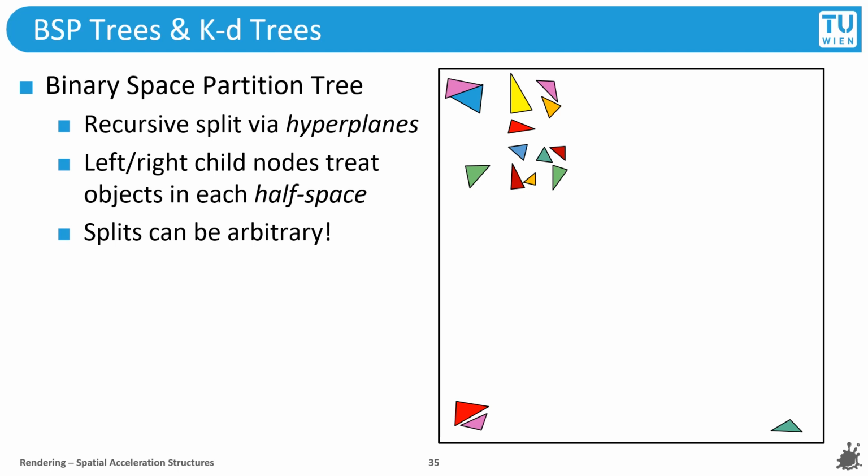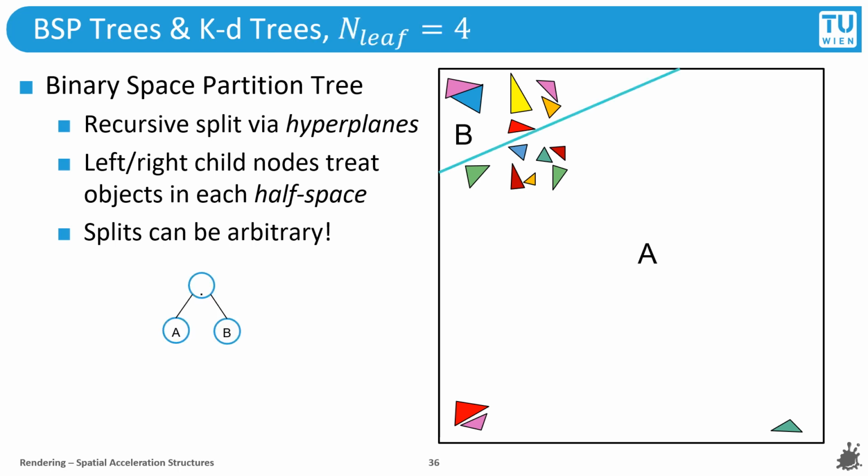In the case of binary space partition trees, that split or that hyperplane can be at any point and with any orientation that is possible in the space that you're looking at. Since we're looking at a 2D scene here, the hyperplane that we are inserting is simply a line.